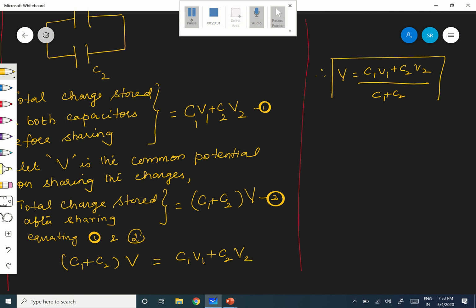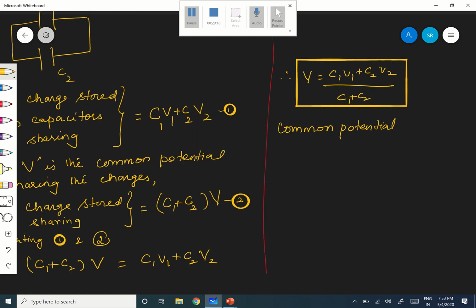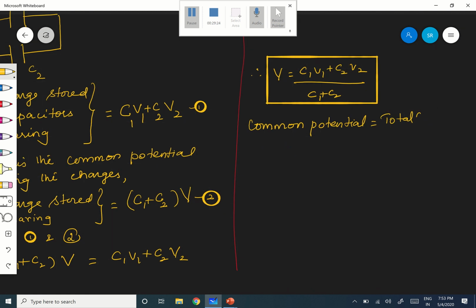You can say the common potential is C1V1 plus C2V2, which is the total charge stored by both the capacitors, divided by the total capacitance.